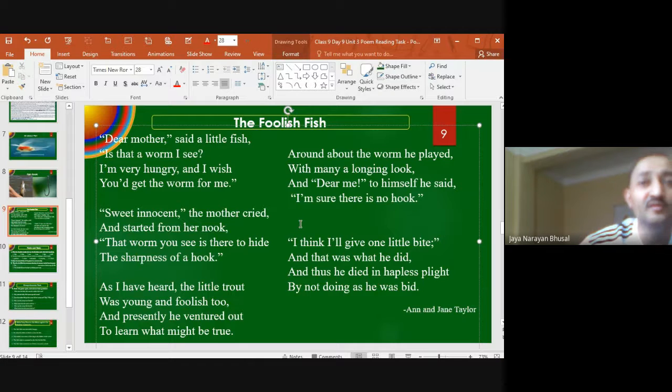Because the human being is perhaps the only animal in the biosphere that is so cunning, that wants to make progress at the cost of others' loss, while other animals don't do that, because their needs are limited.